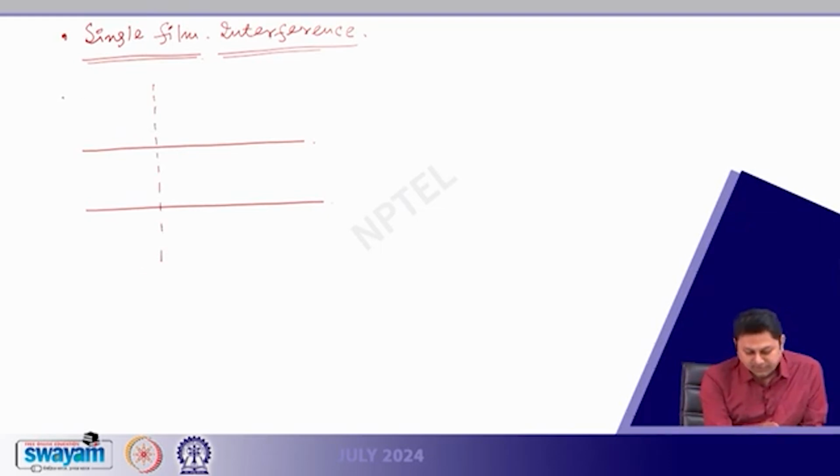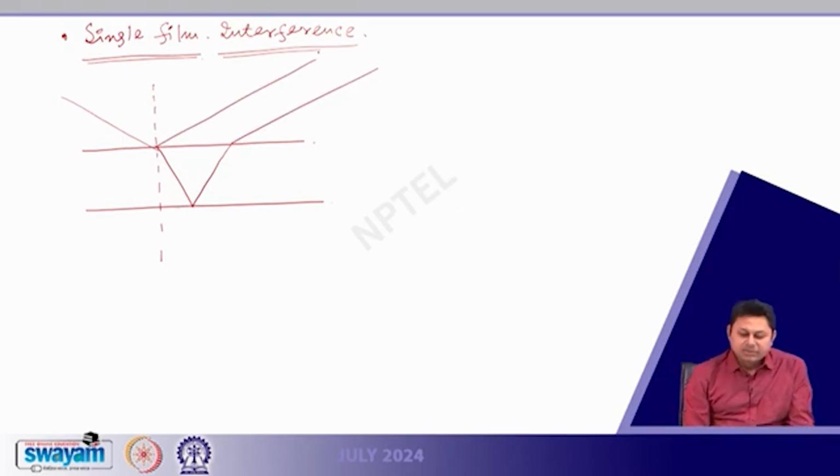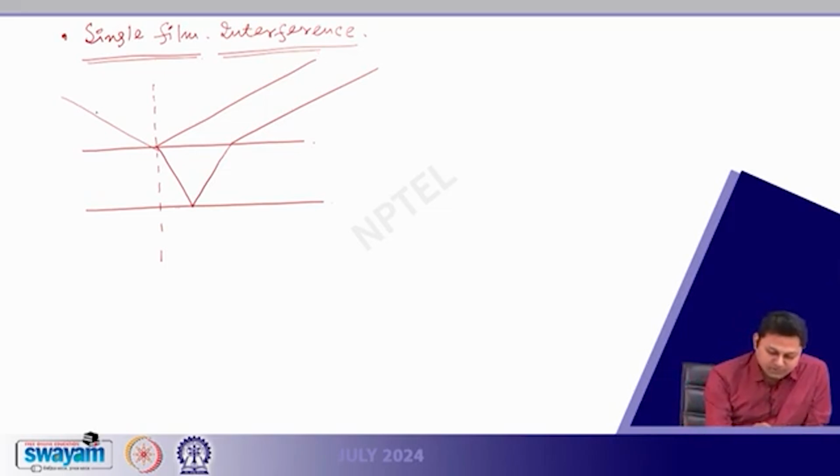This is the ray that is falling here, and then it is refracted, and it is bounced back here, and then again goes in this direction. On the other hand, I have one ray that goes in this direction after reflection from this surface. So I have this.